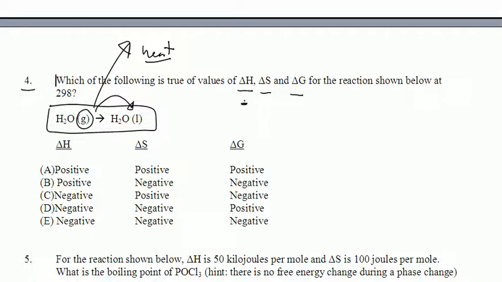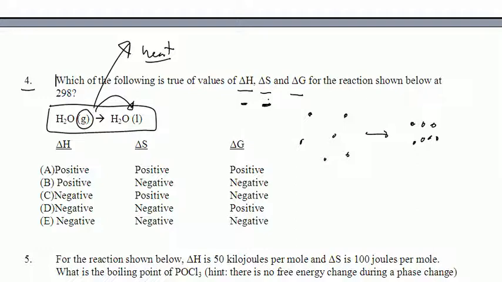So delta H is going to be negative. In order for it to become a liquid, it actually has to get cleaner. You can think of gas particles as being all over the place and the liquid particles as being closer together. So it is getting cleaner. That's going to make delta S negative.